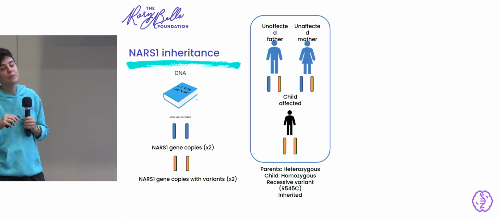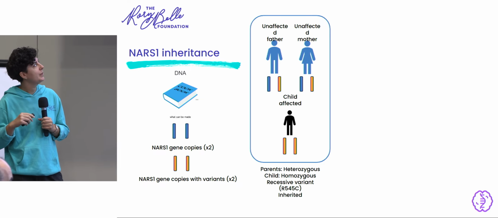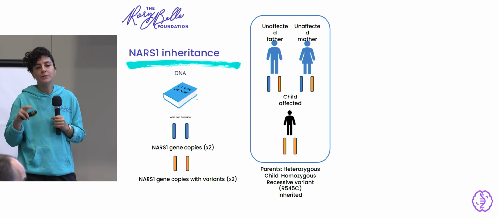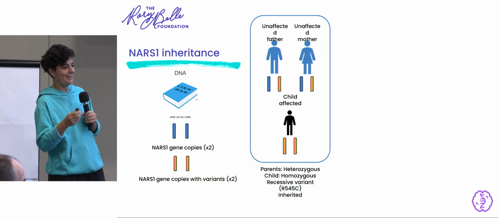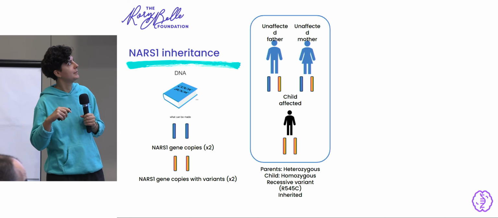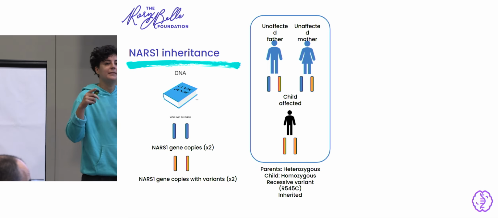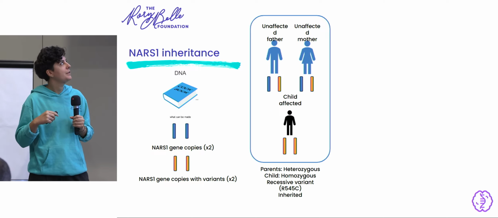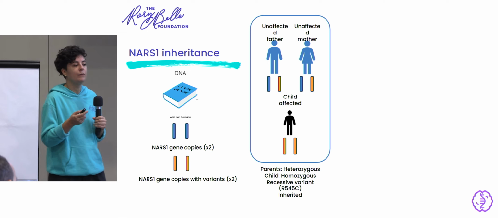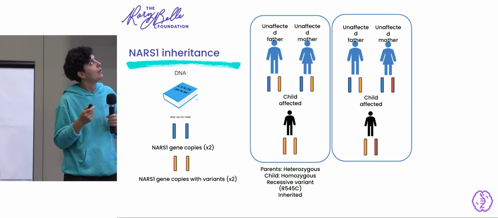The child is homozygous because it has the 2 same variants. We call this variant recessive because you need 2 of the variants in order to see a NARS1 disease phenotype. In this case, it's inherited because it was passed down from the parents. One variant that we see transmitted like that is, for example, the R545C variant.